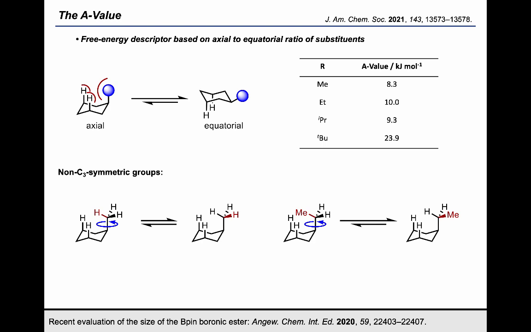And the reason for this is that the A value doesn't capture the full steric size of the substituent. In the methyl group, we can imagine a bunch of axial conformers, as shown in the bottom left, which can interconvert. So I've labelled this hydrogen atom here in red. And no matter which way this bond rotates, all of the axial conformers are indistinct unless we actually label one of these hydrogen atoms, and they're thus all equal in energy.